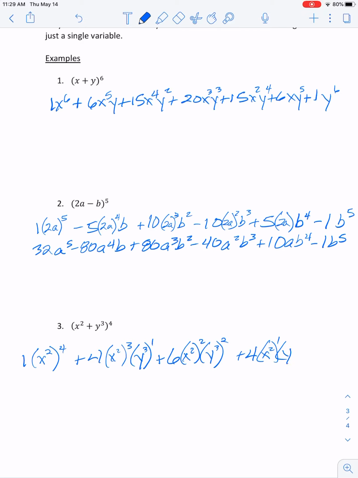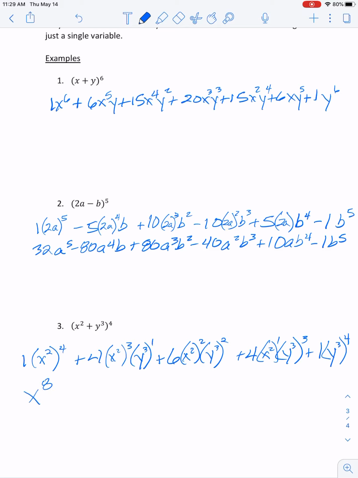It'll be y cubed to the third, and then it was plus 1, and it'll just be y cubed to the fourth power. Again, if you want to check it, for x squared it's to the fourth, third, second, first, and then no term. And for y, it's not in the first term. It's y cubed to the first, second, third, fourth. Now all you've got to do is simplify this using your laws of exponents.